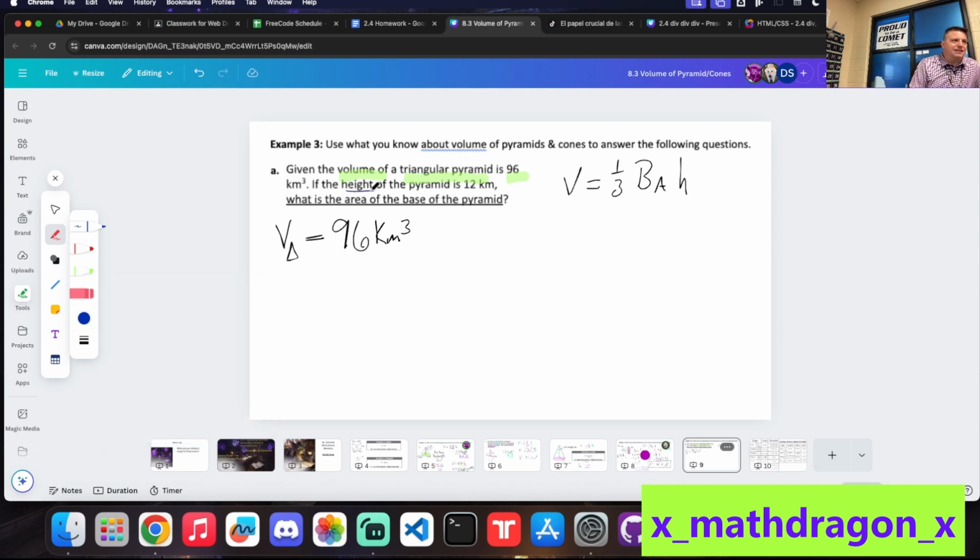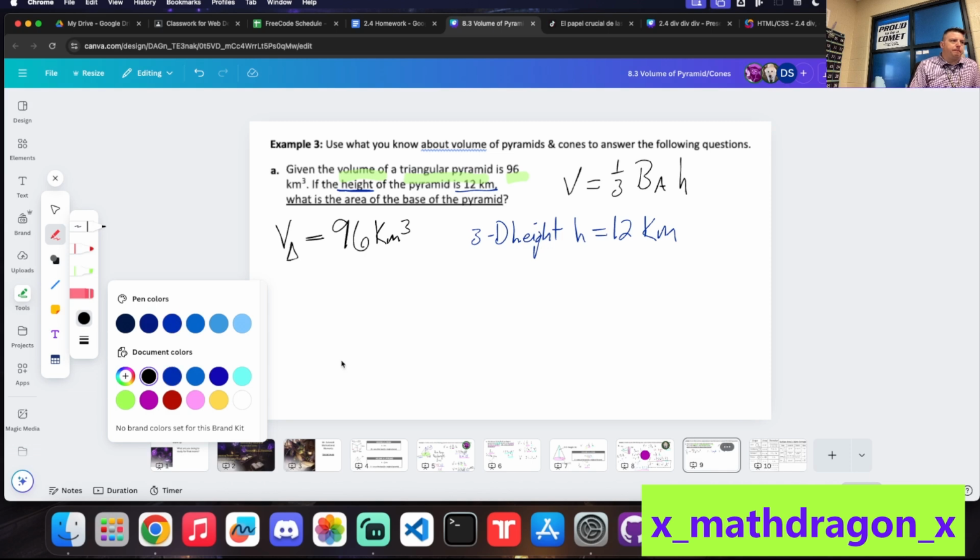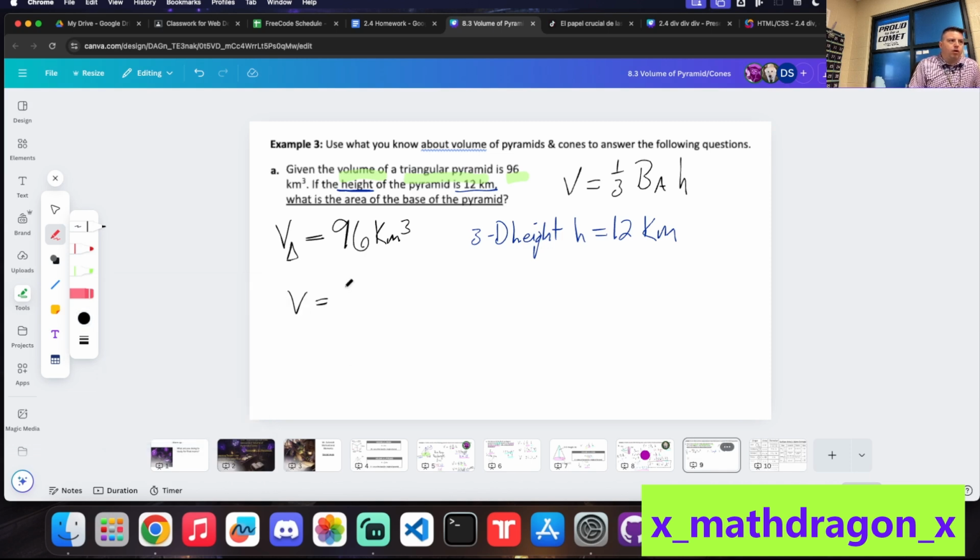The height, so the 3D height, h equals 12 kilometers. So units match up, so I don't have to worry about that. Volume equals 1/3 BA times H. My volume is 96. My BA is BA times by 12.